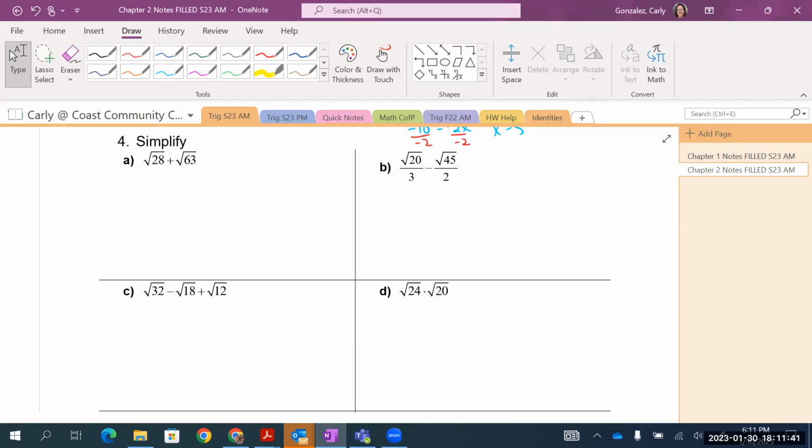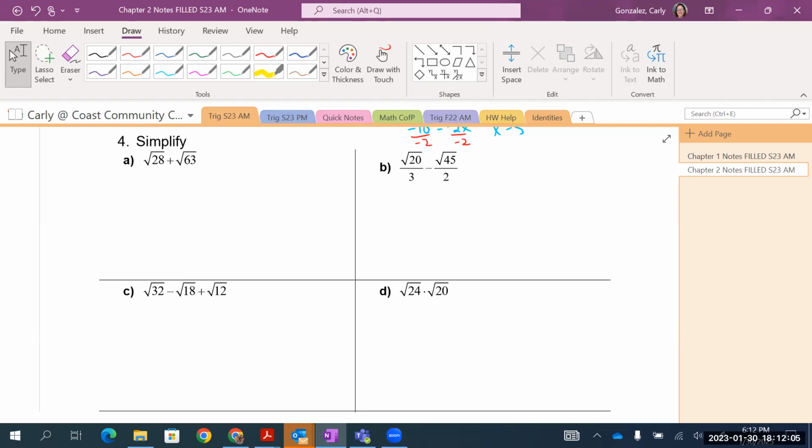Now, as they're written, these cannot be combined at all because the square root of 28 is not the same as the square root of 63. However, we could try to simplify both of these square roots. And if they both reduce to a common square root, then we might be able to add them together.